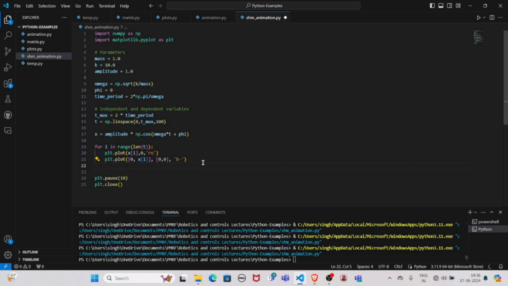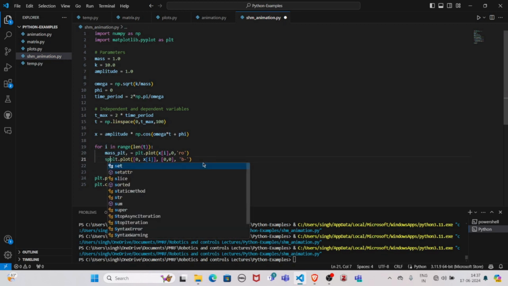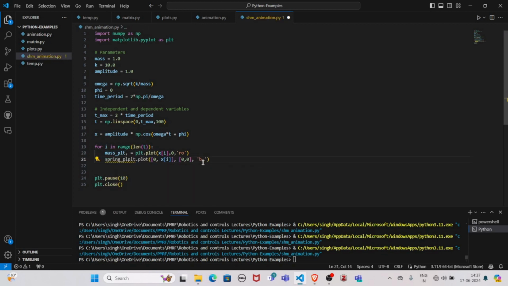Otherwise, it will plot all the frames, which we do not want. We want to remove the previous frame and plot the next frame. So we'll give them temporary names: mass plot and spring plot.